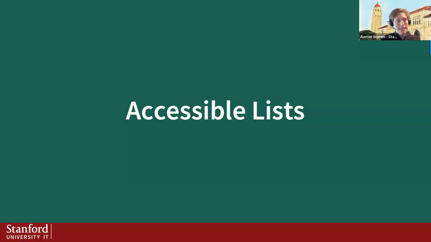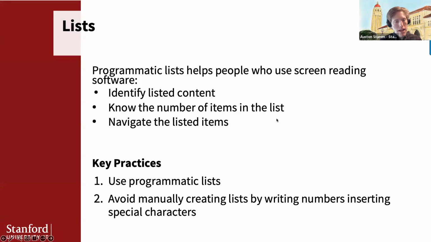So looking at some accessible solutions for AI, how could AI potentially speed up your workflow or process? We can start by looking at accessible lists. You want your list to be a programmatic list, meaning that it's either structured in HTML or uses something like the bulleted list option in Word, so that the structure of the different items of the list is specified.